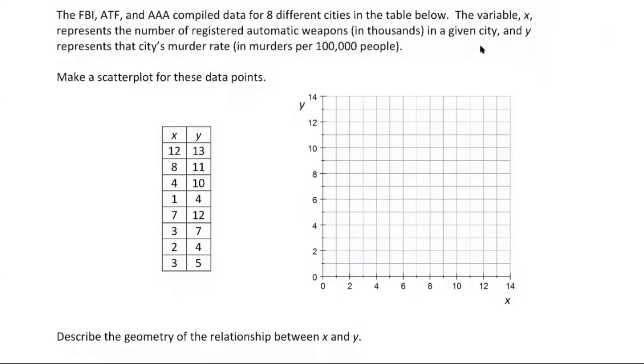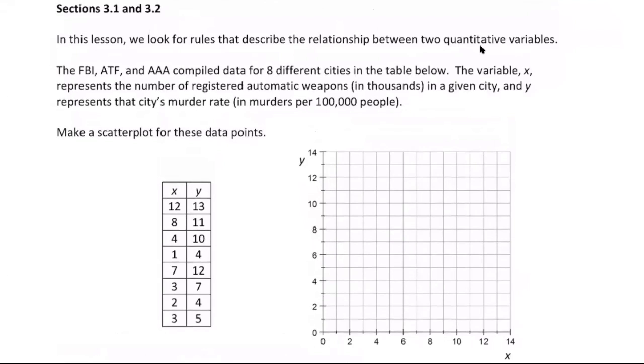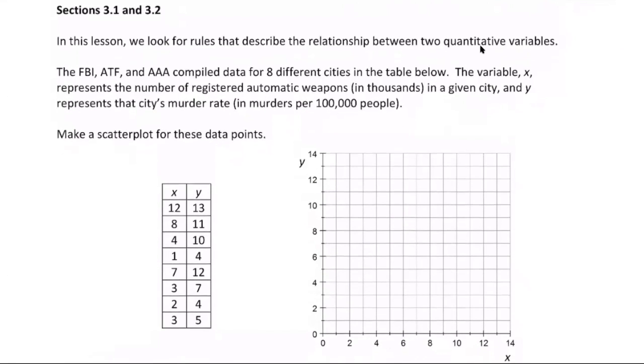Okay, so let me go ahead and read this example. It says, in this lesson, we look for rules that describe the relationship between two quantitative variables. The FBI, ATF, and AAA compiled data for 8 different cities in the table below. The variable X represents the number of registered automatic weapons in thousands in a given city, and Y represents that city's murder rate.